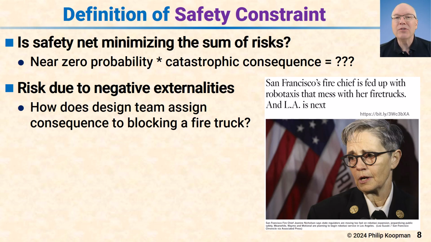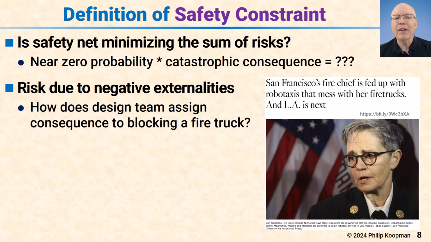And how are they supposed to actually know what the consequence is from a risk point of view for blocking a fire truck? Because it all depends. As it turns out, there were no deaths attributable to this so far, but it's the kind of thing that if it goes wrong, it can go really wrong. So we're back to an actual loss event being low probability, but could be really catastrophic if you have a burning skyscraper.